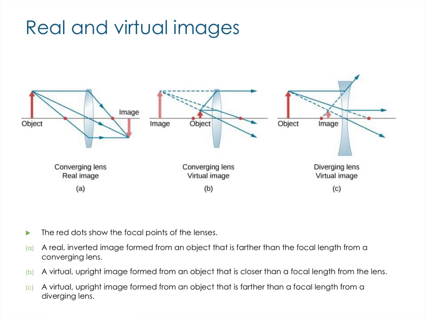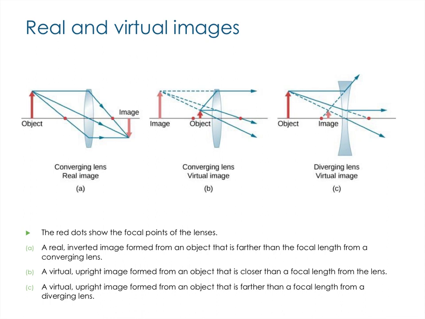Now here is another picture that shows just different scenarios for how you would see images being produced. The first two pictures are for converging lenses, and we actually see that a converging lens, just as a converging mirror, can form both real and virtual images.